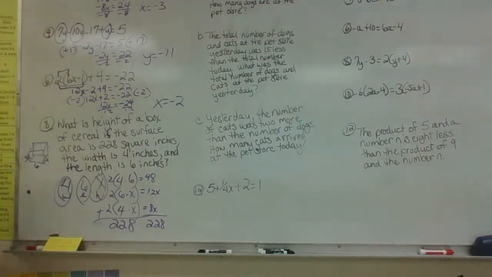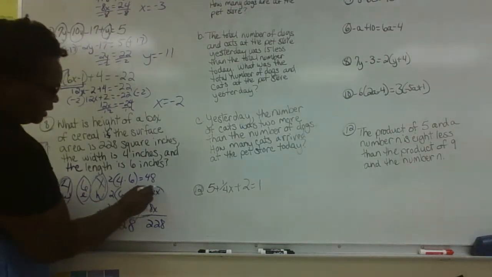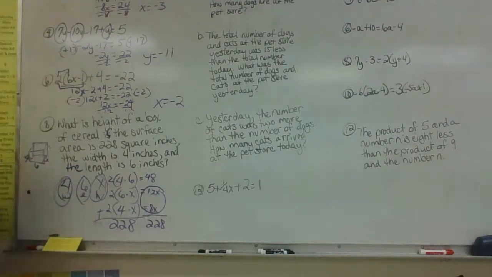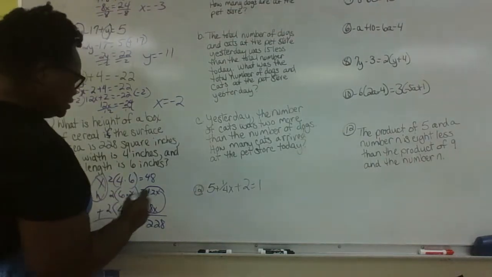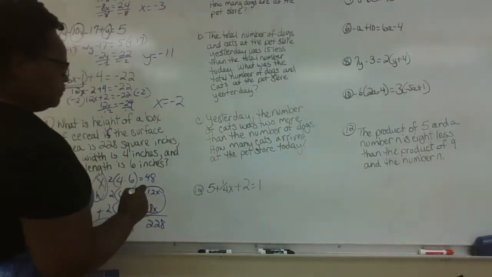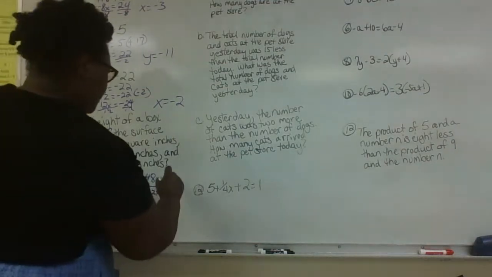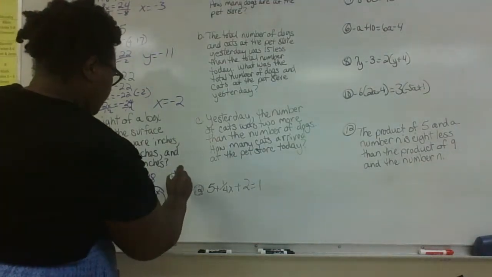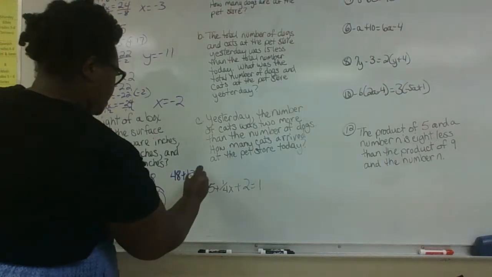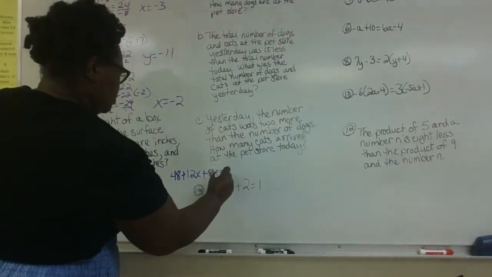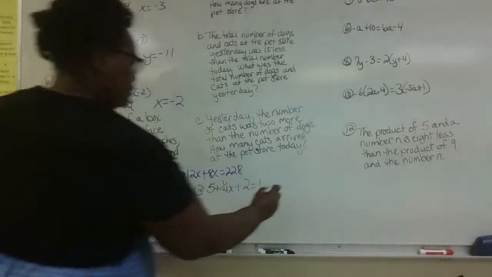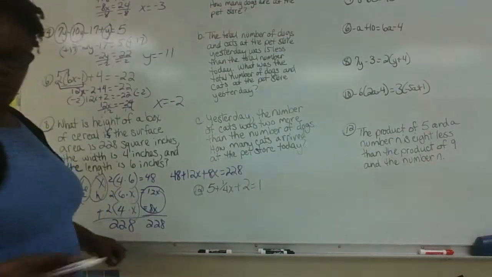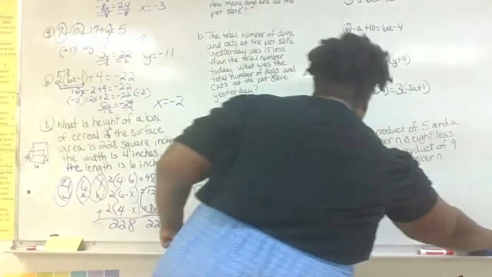So let's take a look. We're going to combine like terms. And so therefore, let's rewrite our problem so that it makes a little more sense than what we got right here. We're going to say 48 plus 12x plus 8x equals 228.